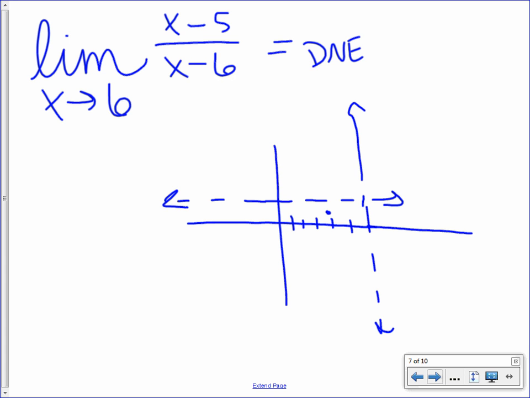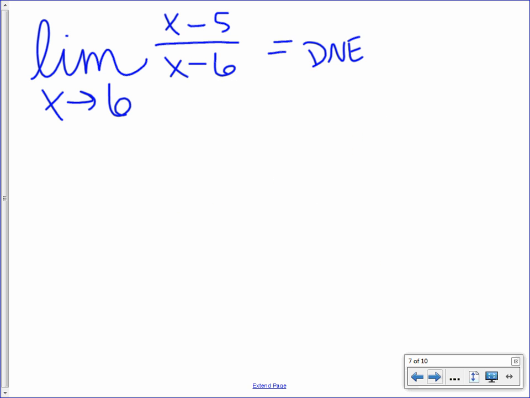But as you get closer, we're approaching negative infinity, which is why we have to look at values. Okay, good review for next week. I mean, the week after.